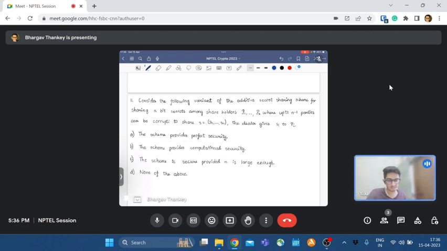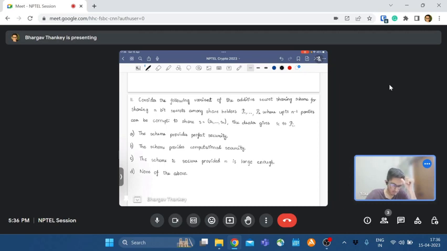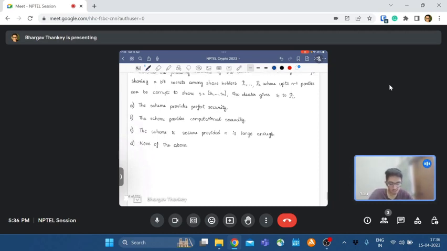To share S, a string whose bits are S1 to Sn, the dealer gives Si to Pi. And the options are: the scheme provides perfect security; the scheme provides computational security; the scheme is secure provided n is large enough; and none of the above. Which of these is correct?